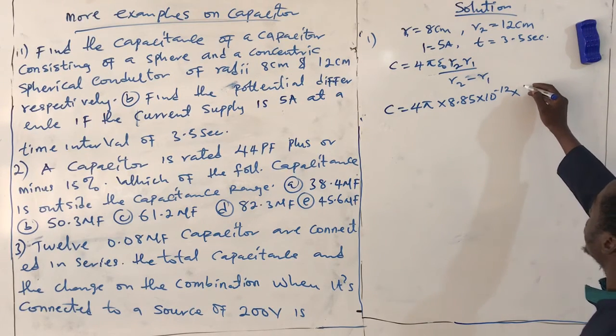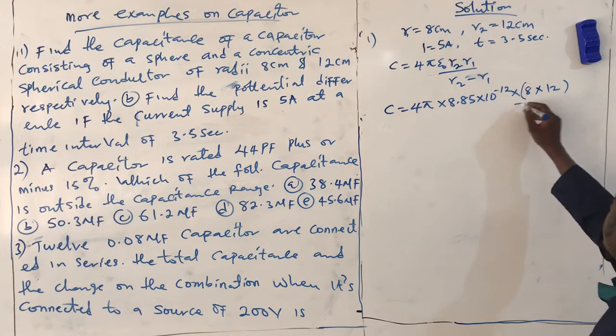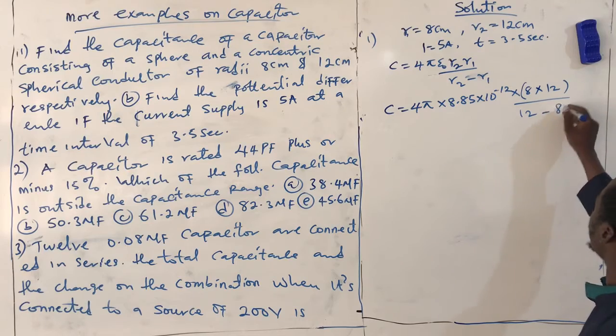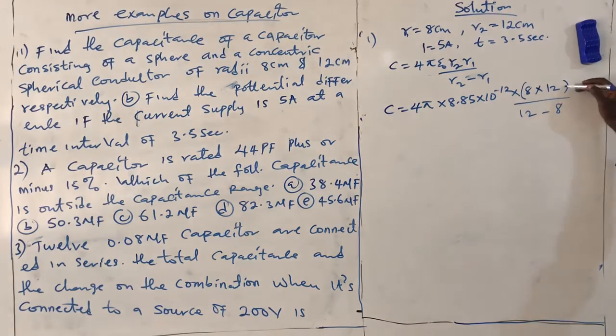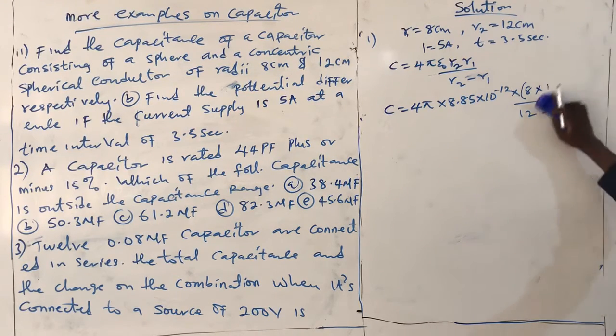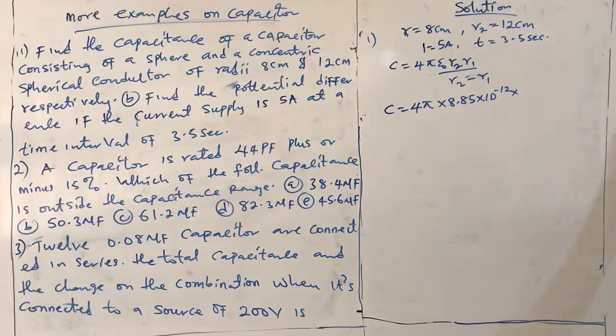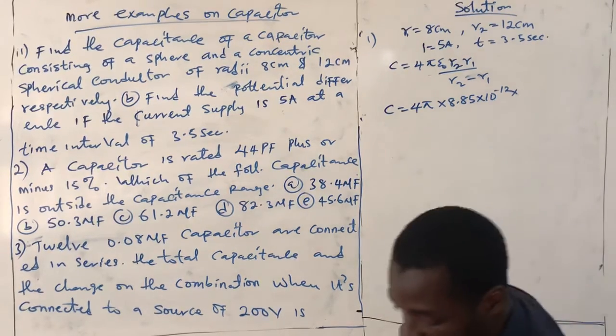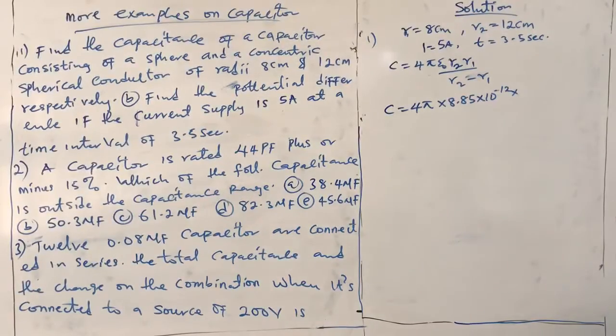So this will just be 8 multiplied by 12 divided by 12 minus 8. Okay, let's just convert it, because centimeter squared over centimeter will still give us 1 centimeter, which will give us a problem.